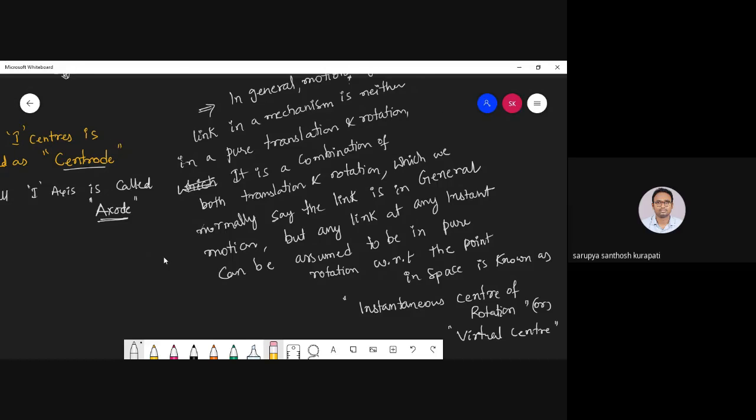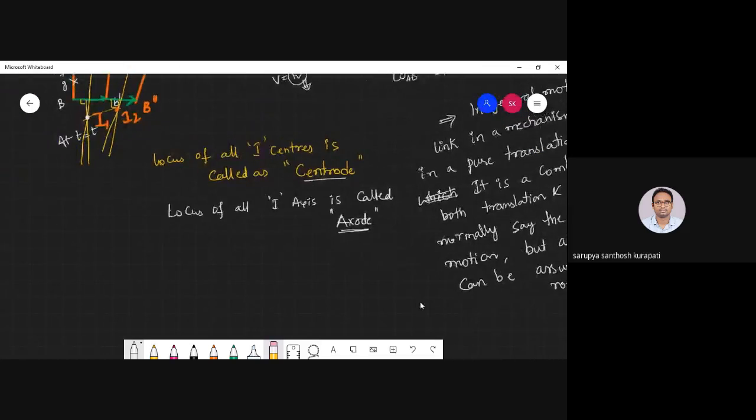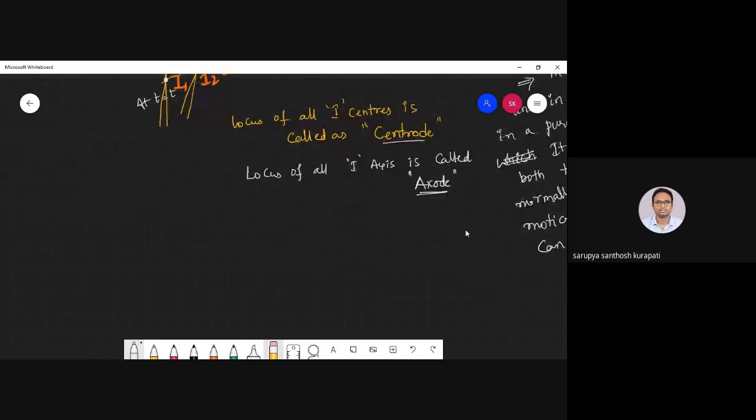So centroid and axoid. Now I'll ask you a few questions. Can you answer? First I'll give you some 1 minute. I'll give you some motion between the links, and you have to tell me what will be the centroid and what will be the axoid.